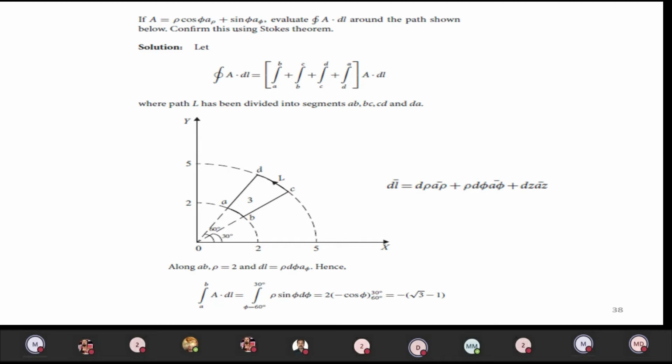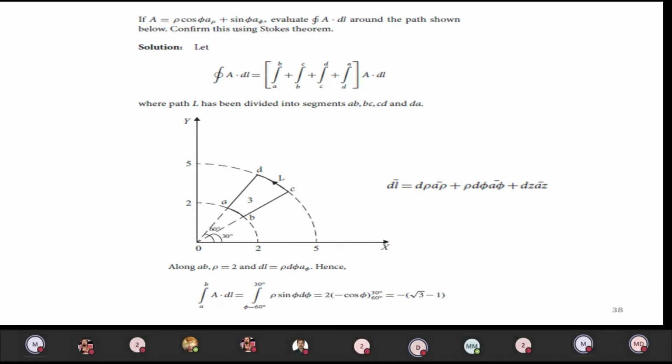Here 2 to 2 represents the radius, the rho value. And 60 degrees and 30 degrees represent the phi angle, the phi value. So the problem relates to the cylindrical coordinate system. You see there a rho vector, a phi vector. The vector given in the problem has a rho component and a phi component, so it corresponds to the cylindrical coordinate system.